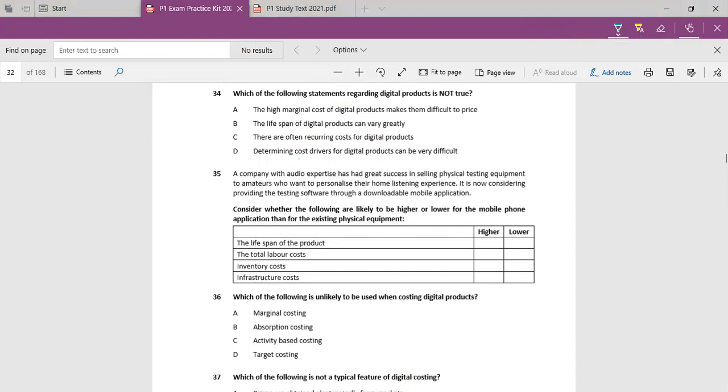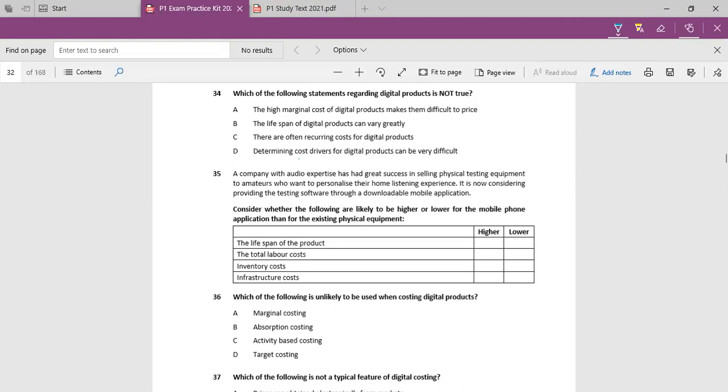Which of the following statements regarding digital product is not true? Whenever we have these questions in a negative sense, keep a note of that: not, does not, is not, not an advantage or something like that. If they are addressing that, it would be given in a bold font, so it should not miss your attention.